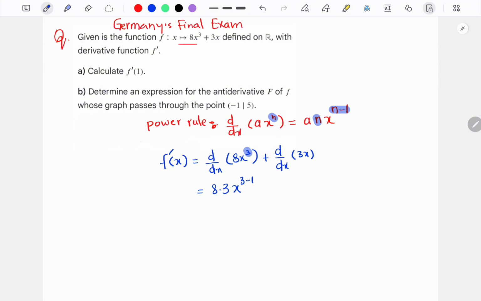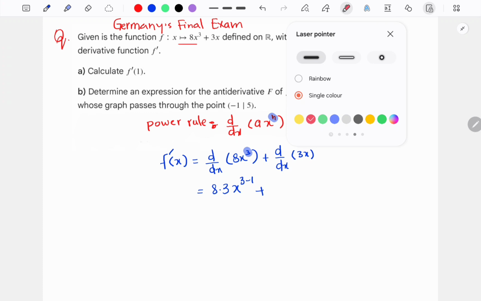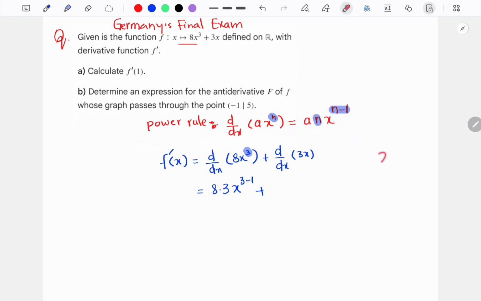So it will become 3 minus 1, plus, now 3 is already existing there. Here you can see it is 3x. It means that the x power is not visible here, so whenever x alone is there, it means that 1 is present in the power and 1 is present in the coefficient.